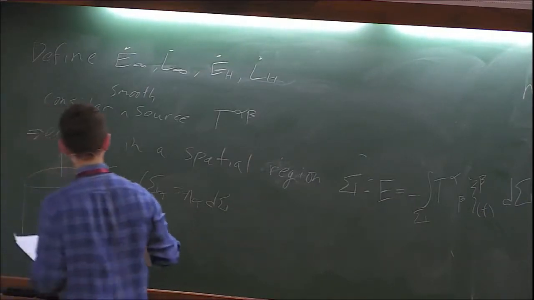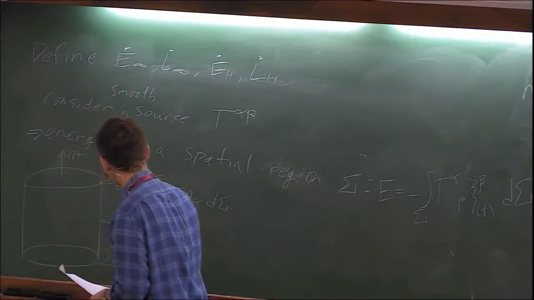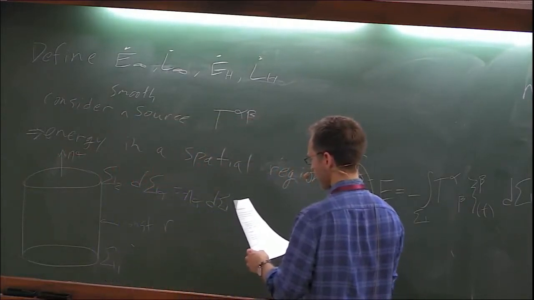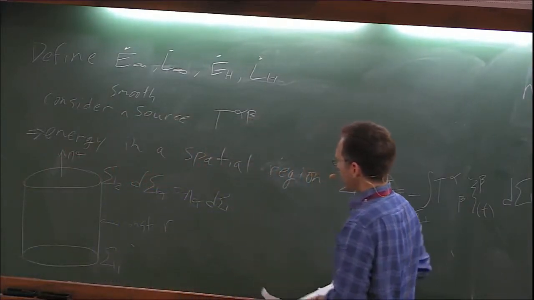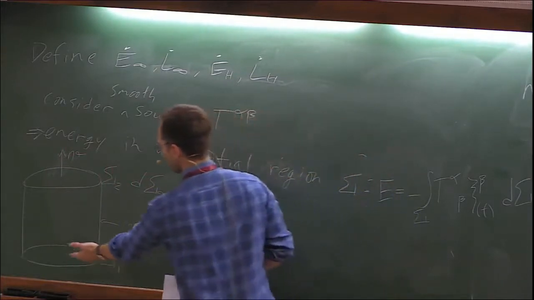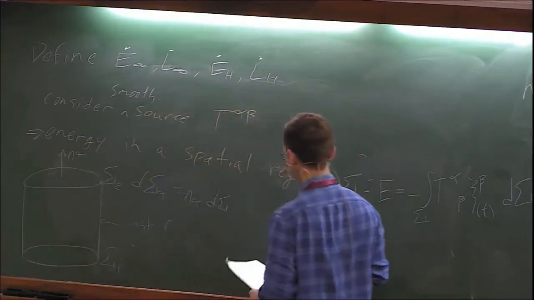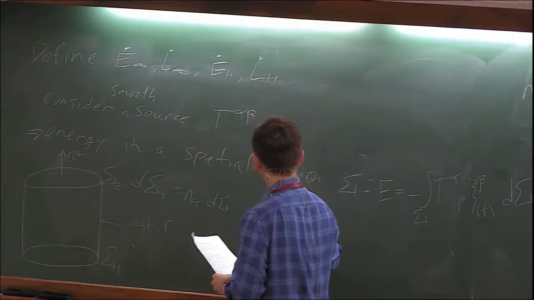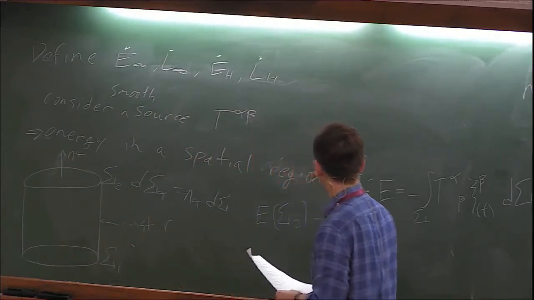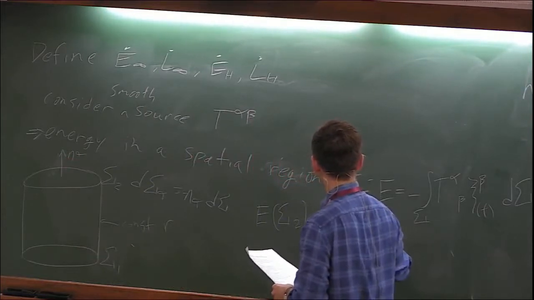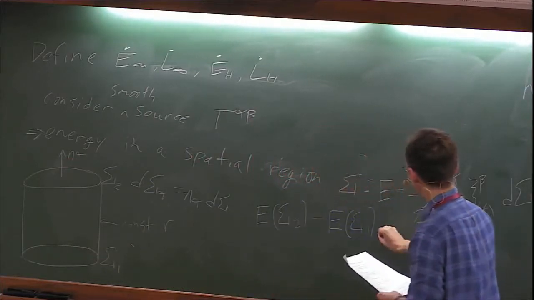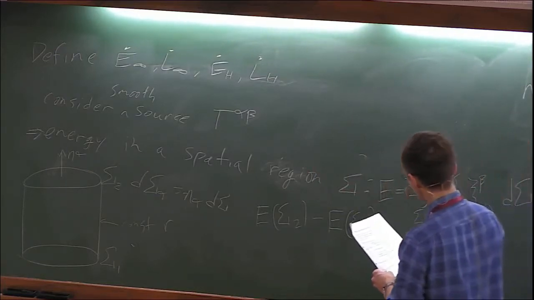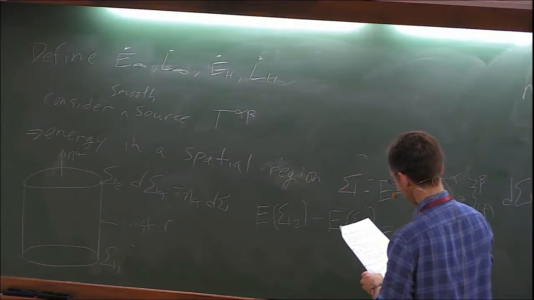And let's make this boundary of the tube a surface of constant r, radial coordinate r. Okay, then the question is, how much is the energy changing between this surface and that surface? So the energy of surface 2 minus the energy of surface 1 is just the difference between two of these integrals.